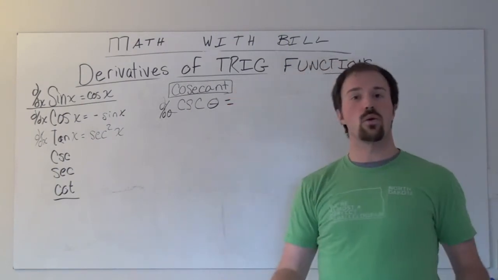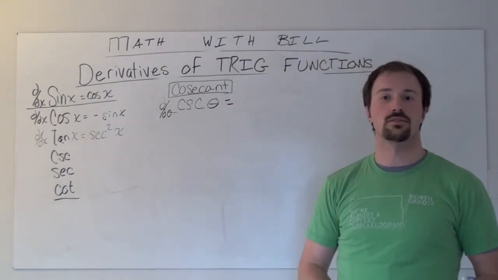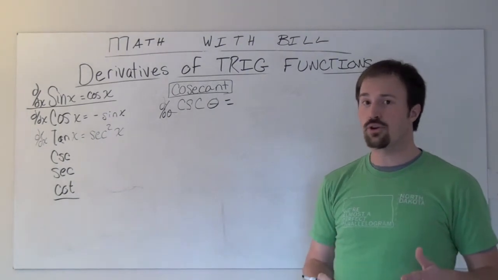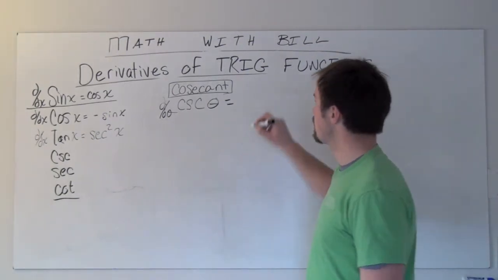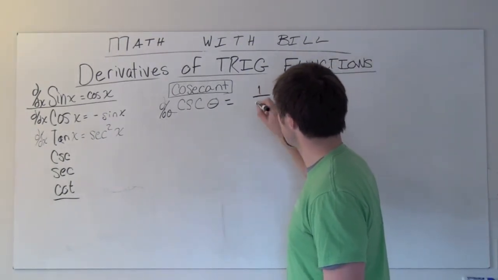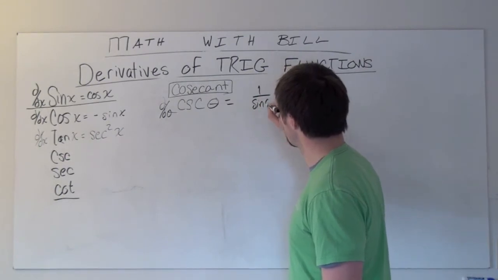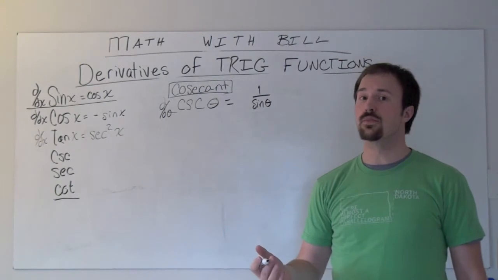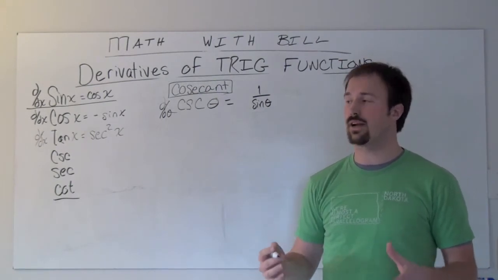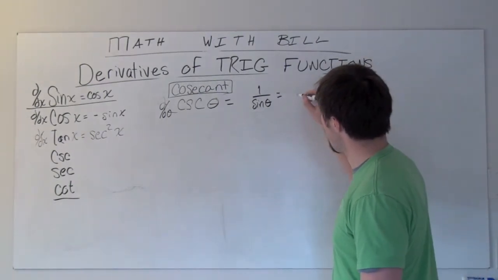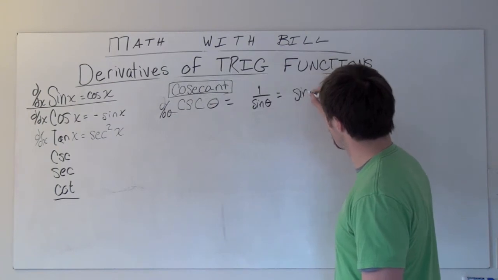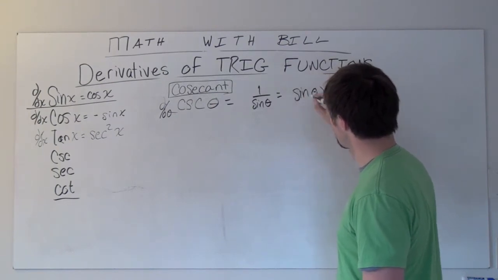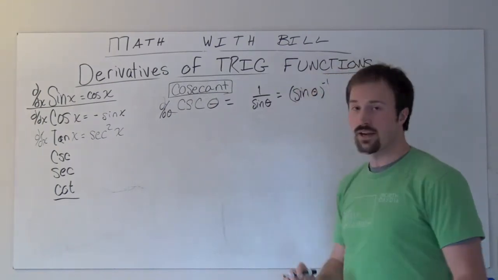And what I'm going to do right away is rewrite cosecant. If you remember your reciprocal identities, cosecant is actually 1 divided by sine theta. And with that being true, I can also rewrite 1 divided by sine theta as sine theta all to the power of -1.